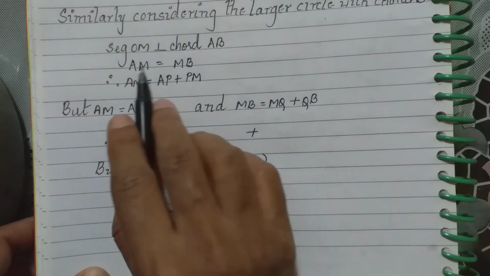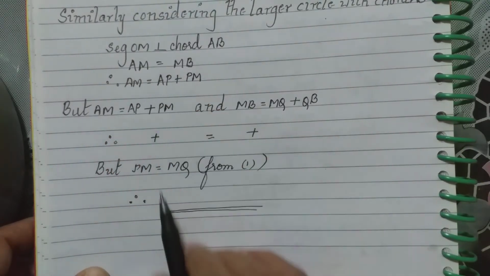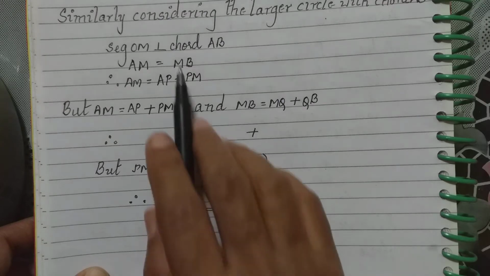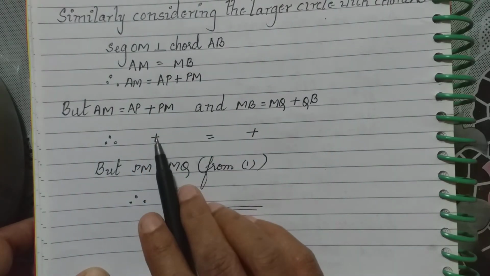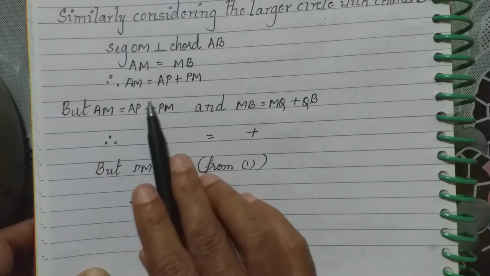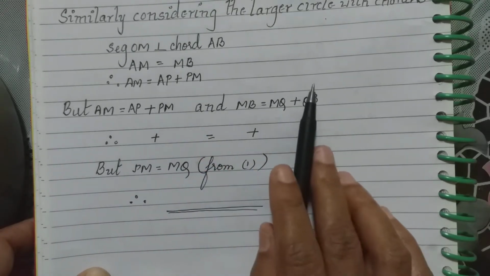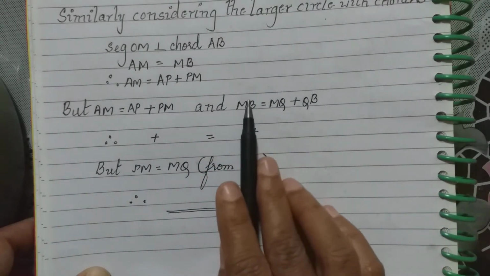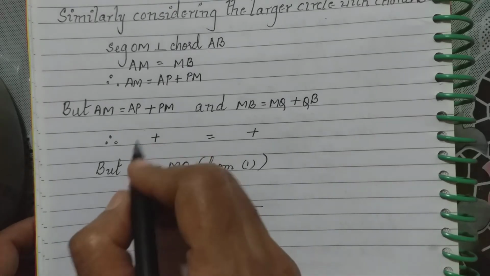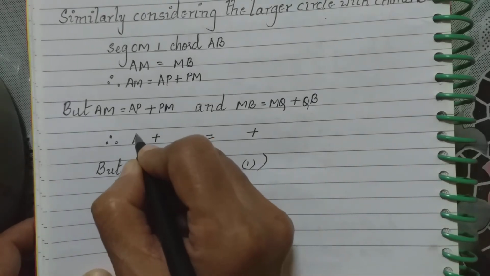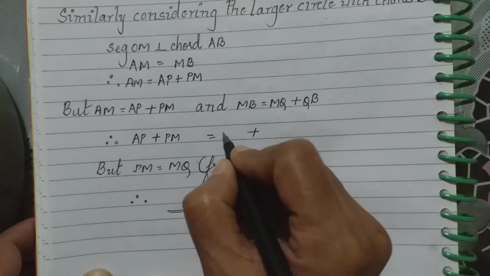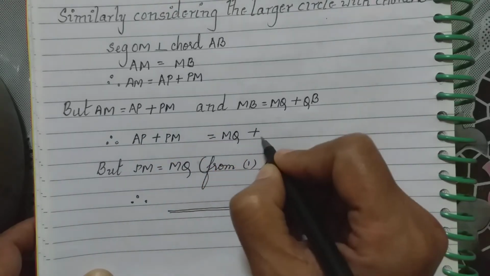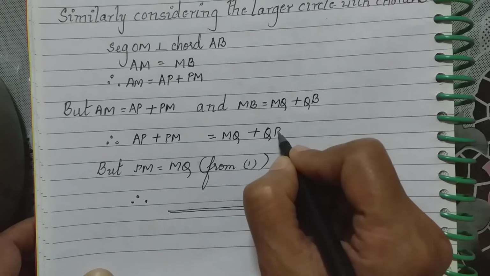But we already said here AM is equal to MB. So if AM is equal to MB, then what will happen? AP plus PM is equal to MQ plus QB.